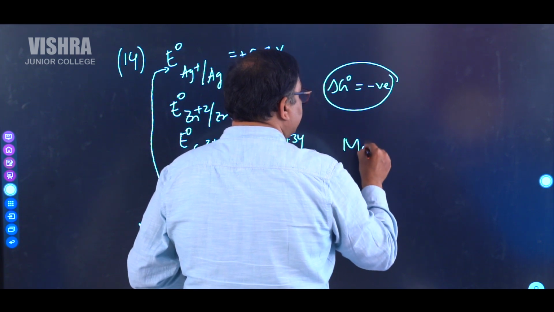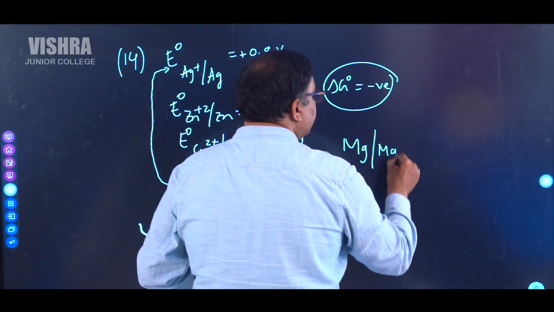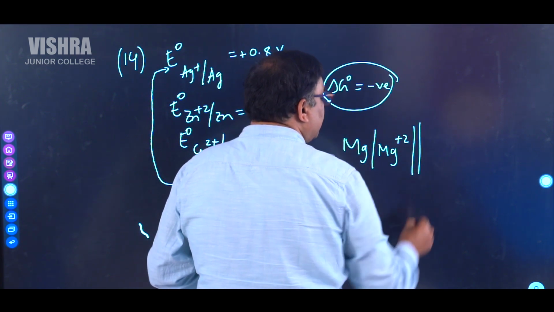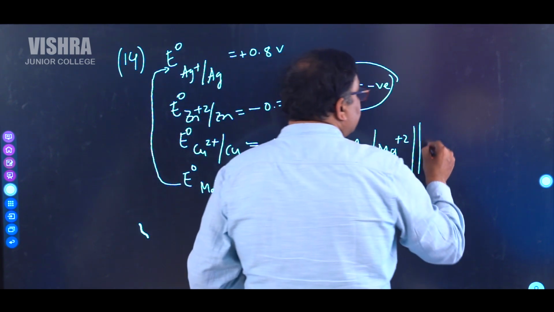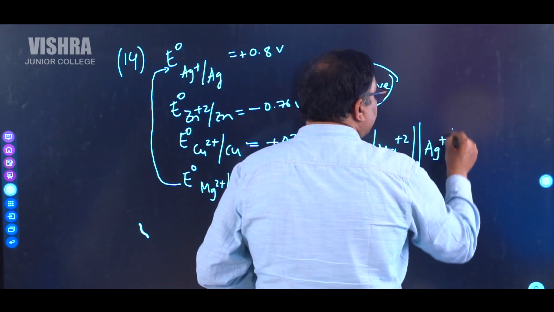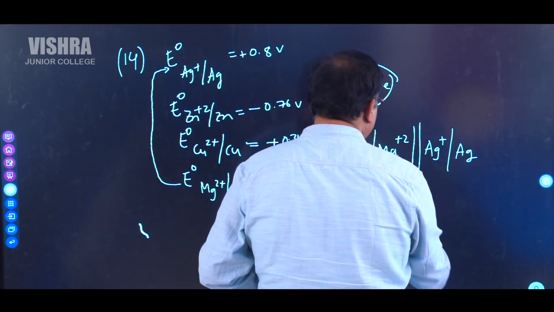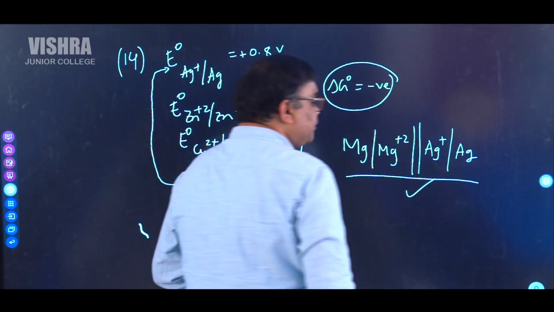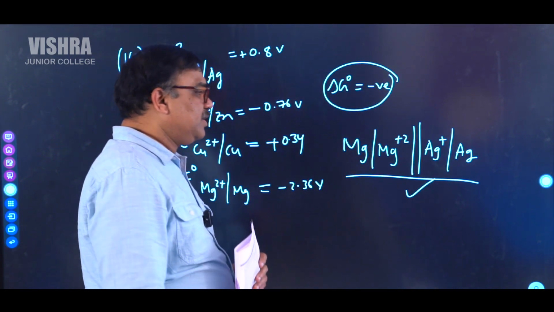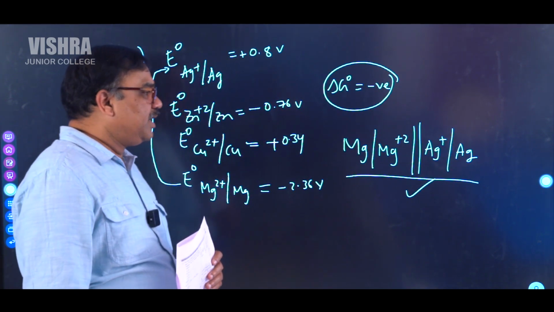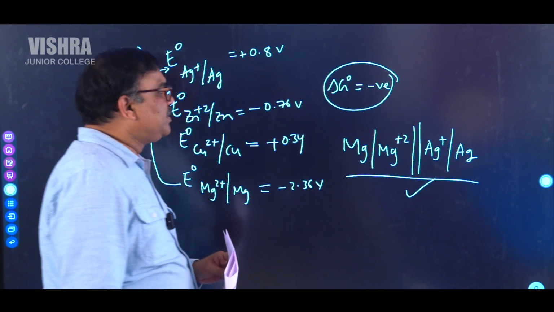Magnesium is a good reducing agent. Mg bar Mg2+, salt bridge, Ag+ bar Ag. This one will give you the maximum spontaneous reaction. The EMF of the cell will be highly positive, so delta G will be negative.